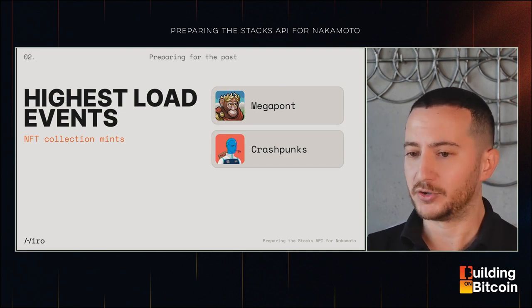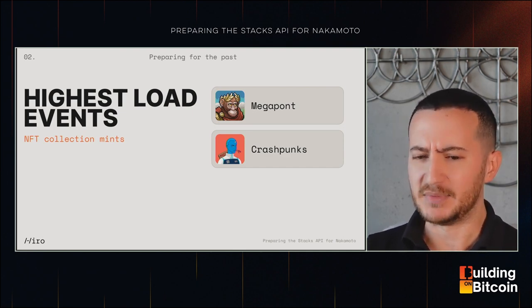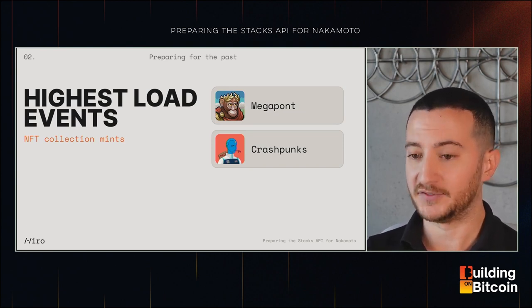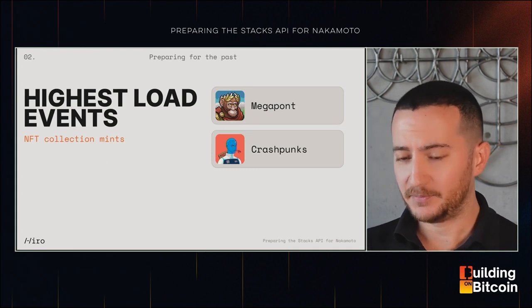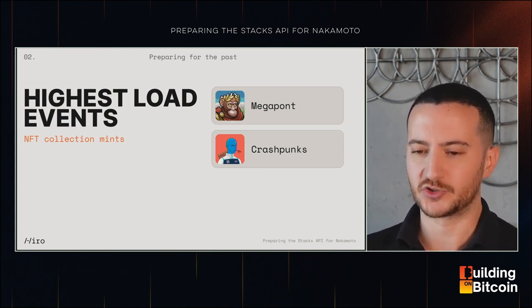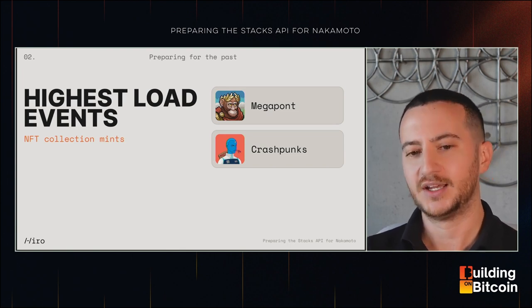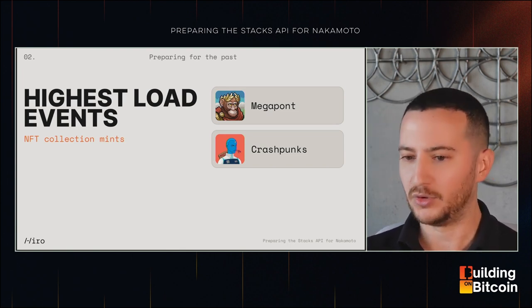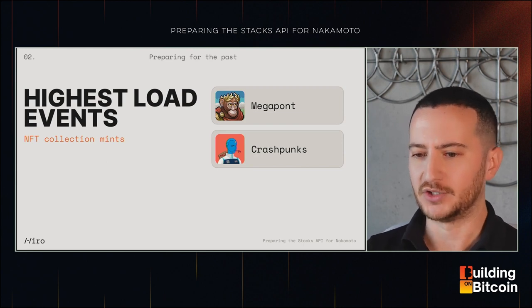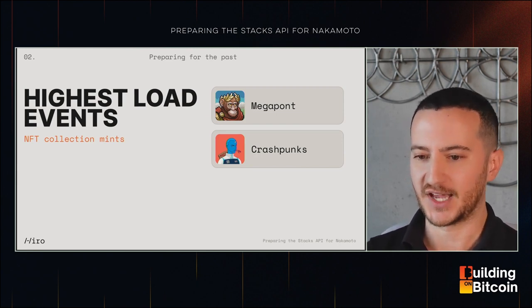For example, the Megapont mint, they minted around, if I recall, 2,500 unique NFTs, and then CrashPunks, which minted around 5,000. So during this time in this mint, obviously users wanted to mint and claim their tokens as quickly as possible. And this meant a high number of transactions being broadcast into the network that then ended up on the mempool and that the API had to serve so that users could see how their transaction was doing.